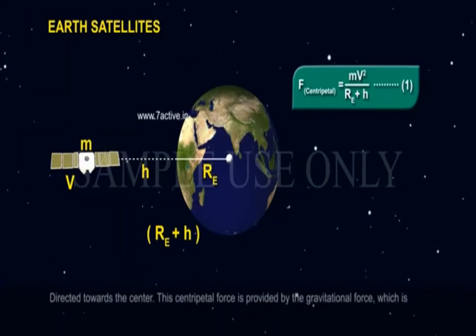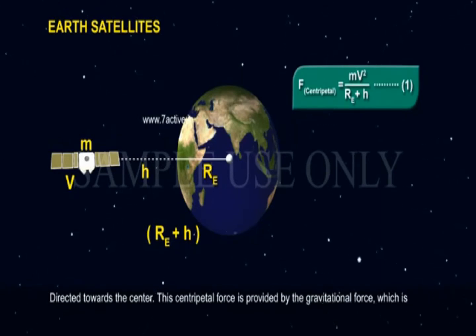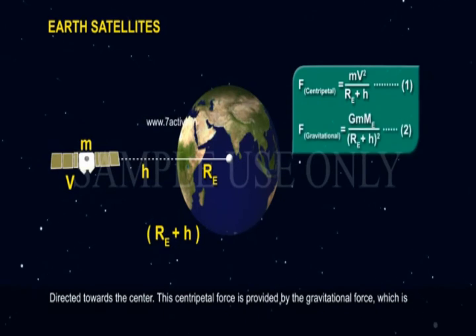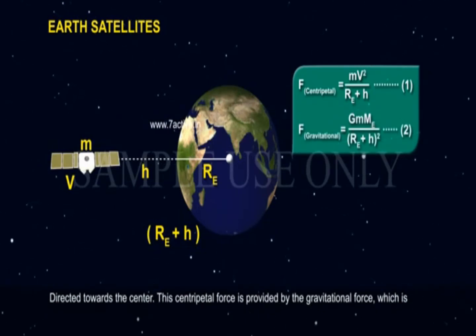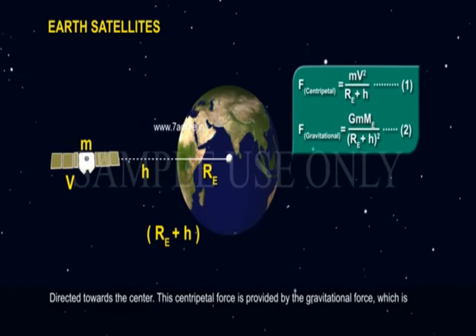Gravitational force of attraction directed towards the satellite's center, provided by the gravitational force to the satellite, which moves around the Earth in circular orbit, equals GM_E m over (R_E plus H) squared.